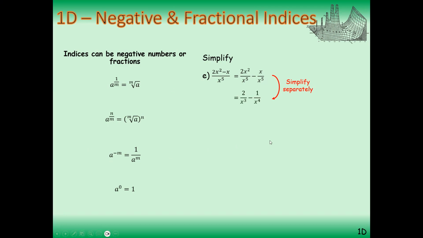You can rewrite the negative, put the indices in the denominator, bring them up, and write it as 2x to the power minus 3. But that's not absolutely essential. But it's good to understand how they are equivalent to each other.